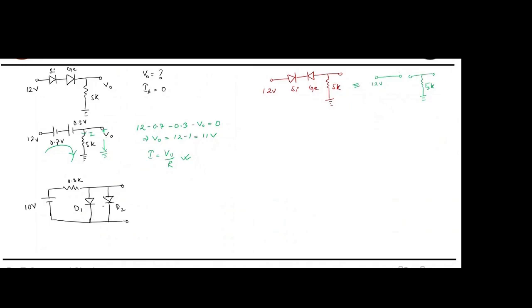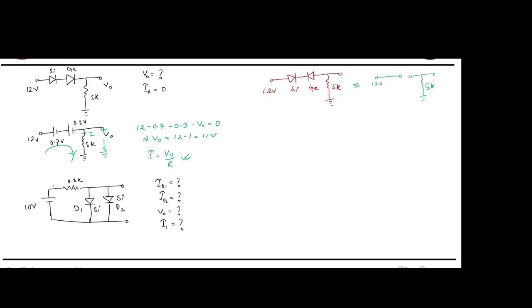So both are silicon. Now let us try to find out ID1, ID2. Whatever exercise I'm doing right now will be useful to solve your NET and GATE numericals, so these are the questions which are asked.